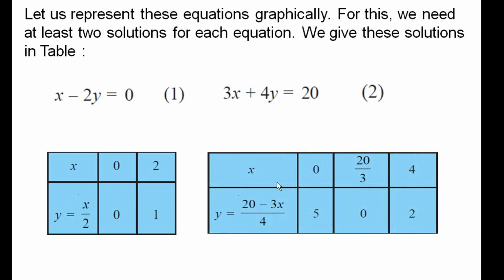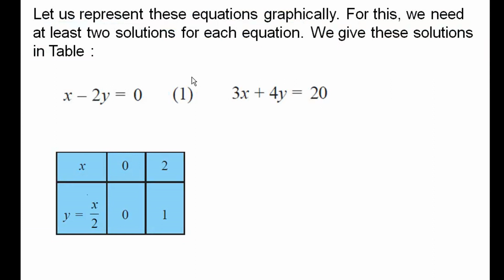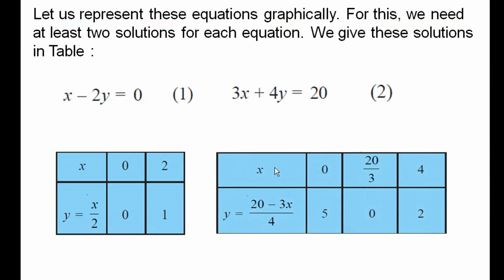So y equals 20 minus 3x upon 4. Let us find the table, the values of x and y.